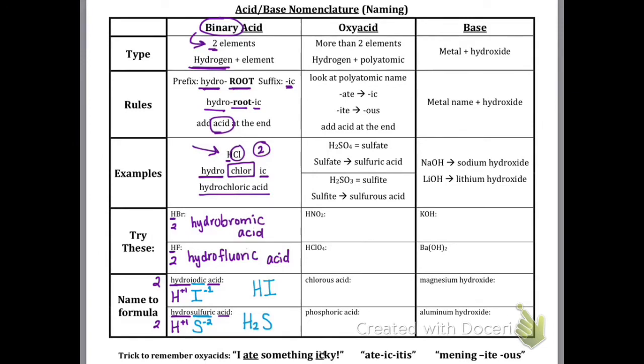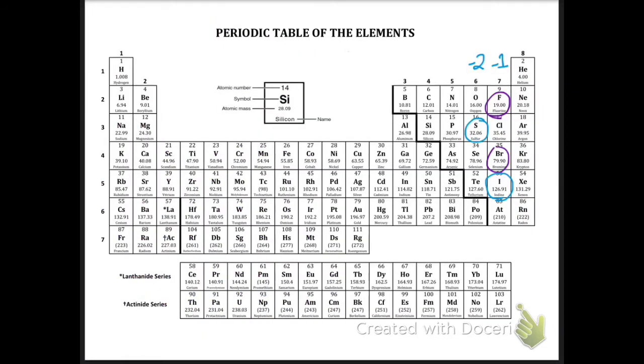Okay, so just a quick recap before we go on to the next thing about the charges over here. You know that in the 5th column we need to gain 3 electrons. The 4th column doesn't have anything. So make sure you know what these charges are, okay? On the other side here, you're going to need to lose 1 electron, you're going to lose 2 electrons, and we're going to lose 3 electrons.